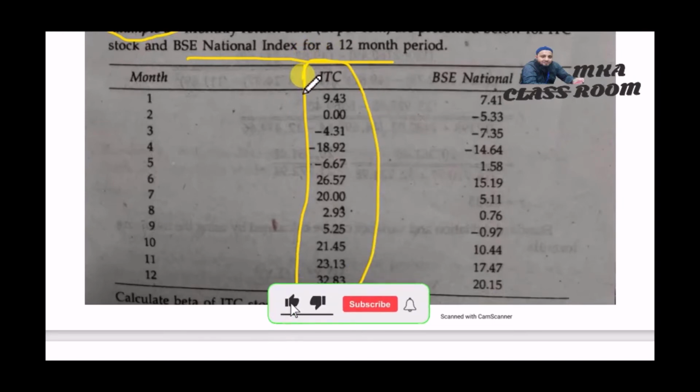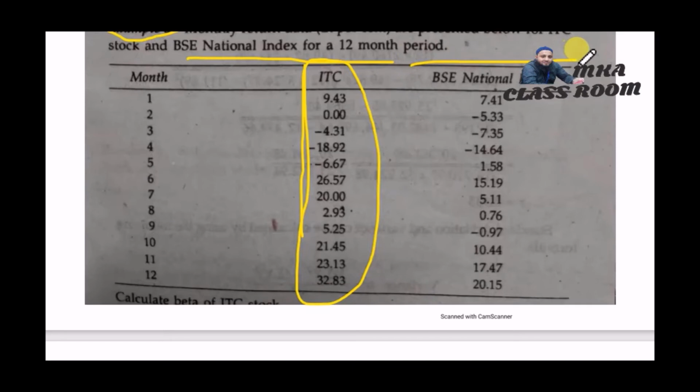This is our I, a specific stock's return, and the BSE national index, that is M, the value of M in our correlation method, that means market index.